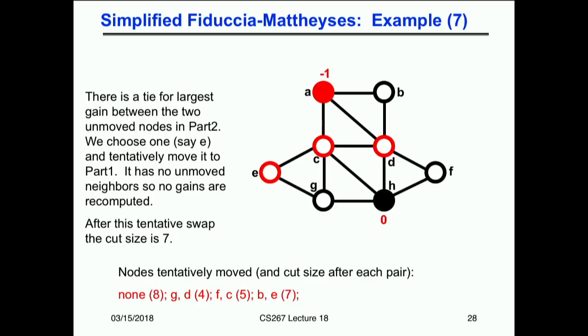So I run this whole sequence, and I then look back and say, which was the best point in the sequence to stop? And it really turns out that after you swap G and D, I should have stopped. And I roll back the last couple of changes, and I accept that and go to the next iteration of the Fiduccia-Mattheyses algorithm. So that's the iterative swapping.